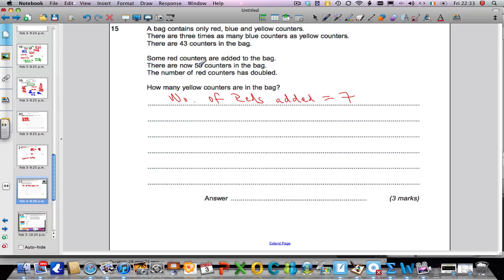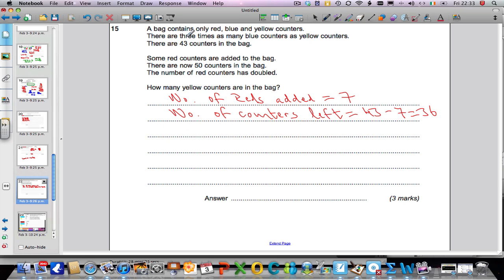We had 43, now we have 50. That means the number of reds added was 7. If I take away another 7, the number of counters left after we take out all the reds must be equal to 43 take away 7 equals 36.